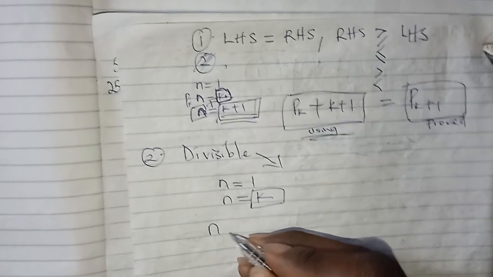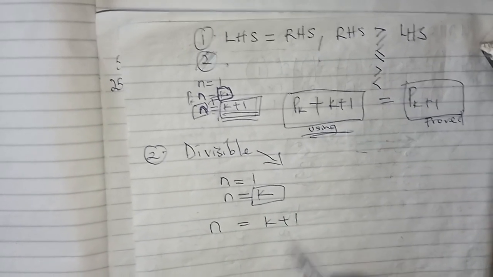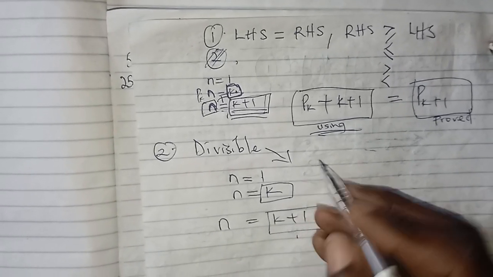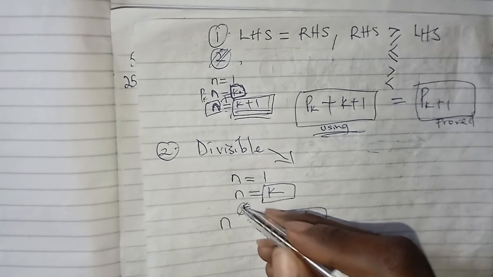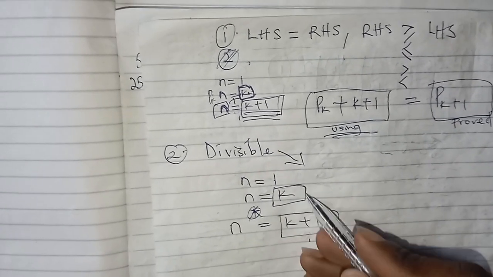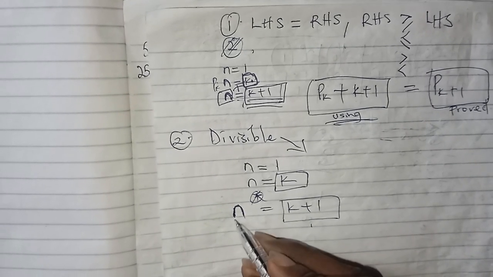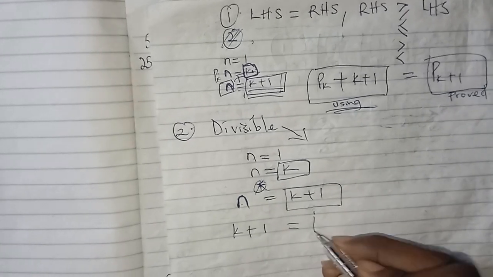Then at the point of n being k plus 1, you use this value. In this case, the difference is that instead of plussing, you don't do plussing. Rather, whatever value you have here, you substitute it here, knowing that this n here will be k plus 1.